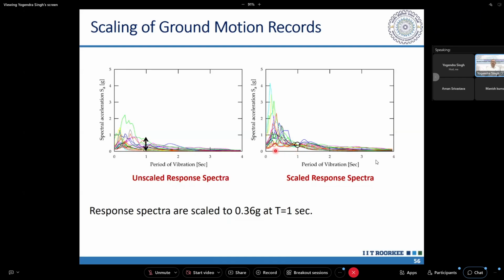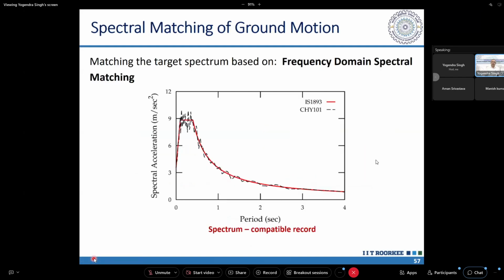So higher modes can come up to the 90% mass participation mode, and it can come up to here. You can see that this scaling is not helping, rather it is increasing the error there. So we have to minimize the error within a range of period, and that range is of interest to us.